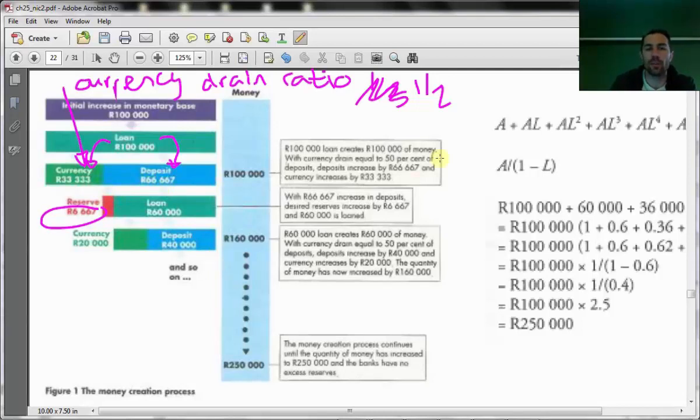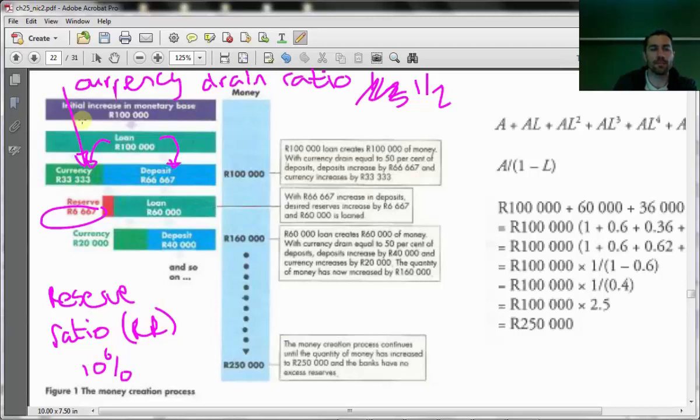Okay, required reserves, so reserve ratio, I'm going to call it RR, is obviously 10%. So cash that was deposited with the bank, it must keep 10% on reserve. So of that 66,667, it can then lend another 60,000.